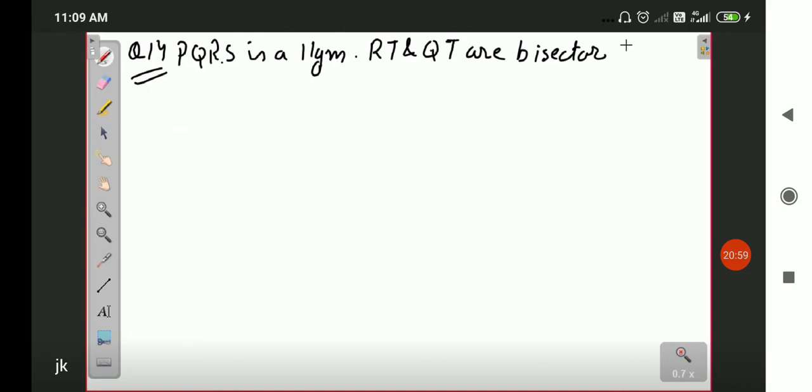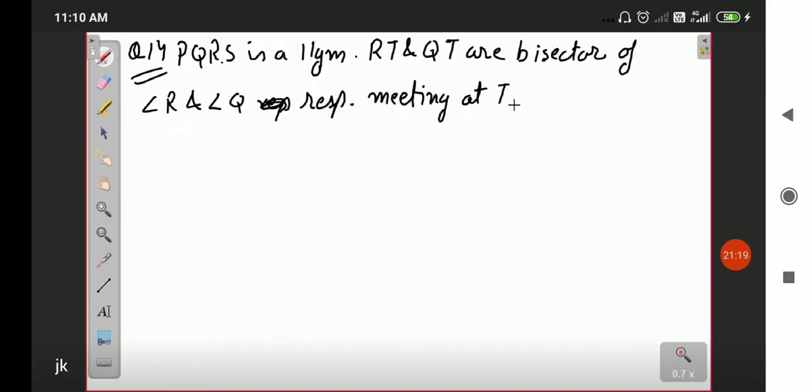They divide the angle into two equal parts. Find the measure of angle T.